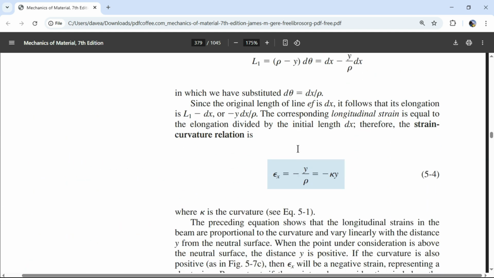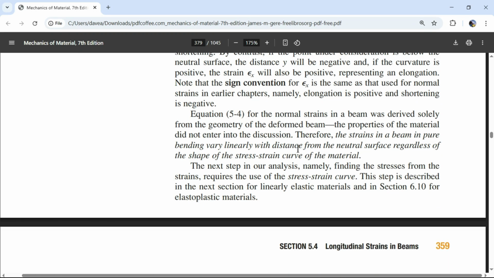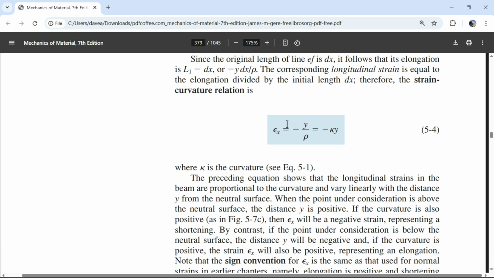Anyway, so hell yeah. This is kind of a great way to end it. So those properties of the material geometry. That equation 5.4, and let's strains along the x-axis, strains in the longitudinal direction, are equal to negative curvature times y.